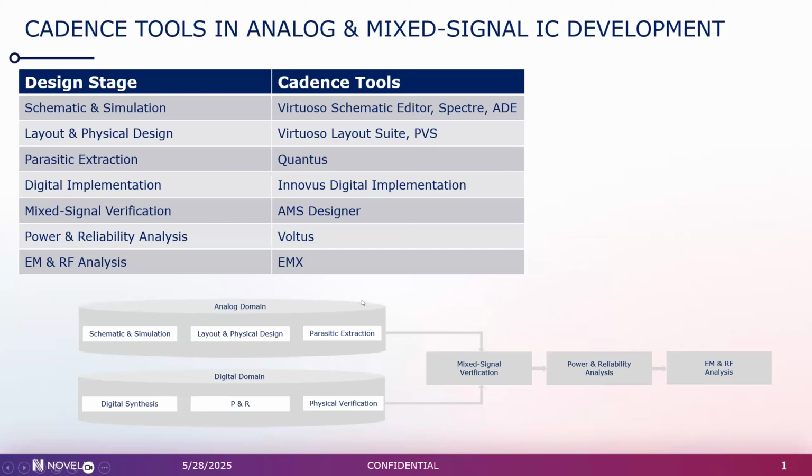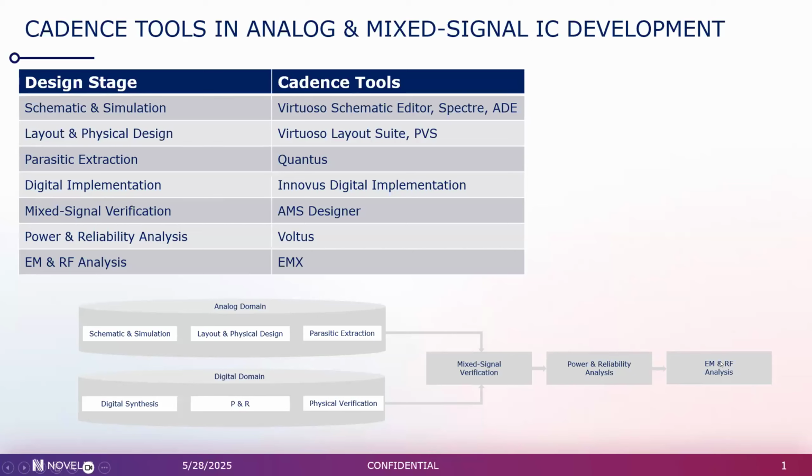After both parts of the chip are made, we proceed to the mixed signal verification. For that, we are using AMS Designer. And after that, we are doing power and reliability analysis. Here, this is an optional step depending on the type of the chip.